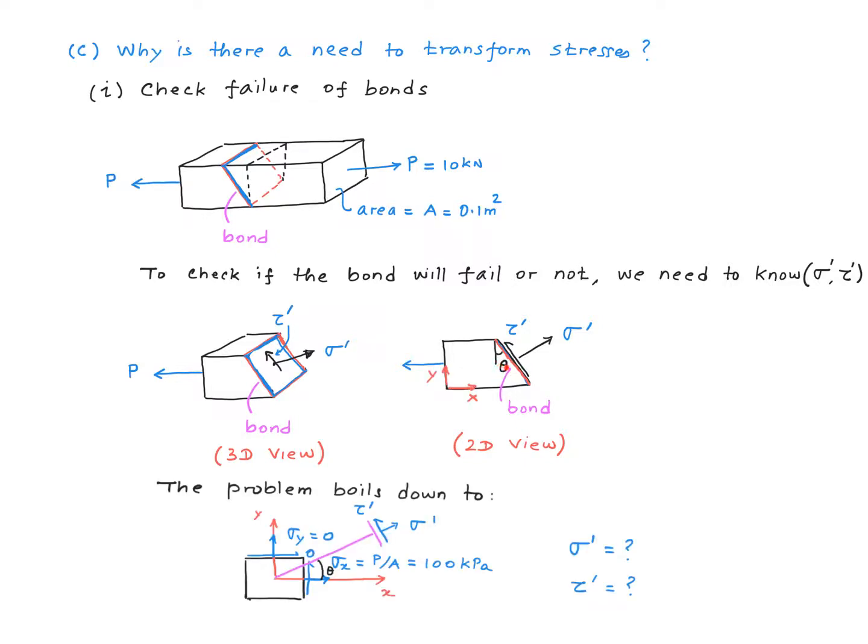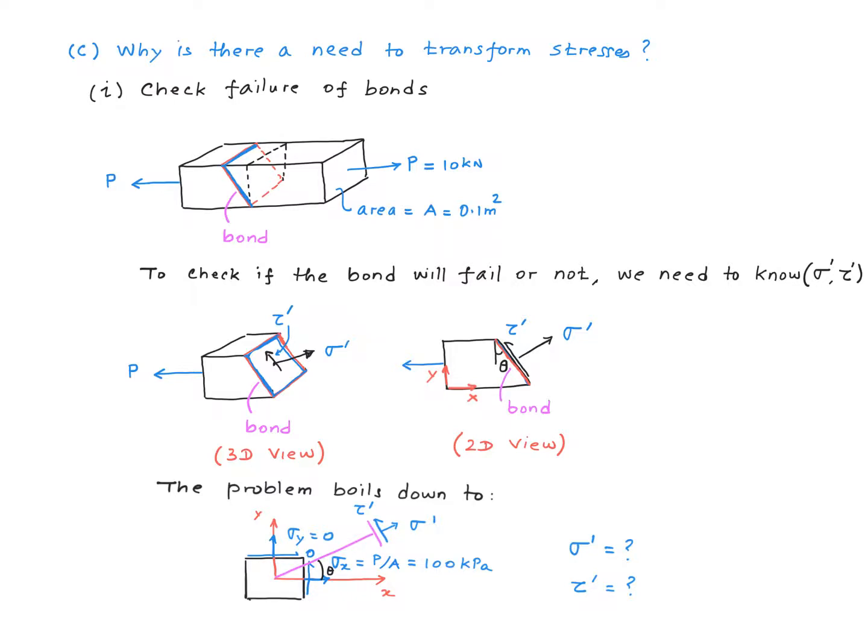Defining this angle as theta and placing a two-dimensional Cartesian coordinate system like this, the problem that we have boils down to this. Here I am showing the state of stresses on this two-dimensional differential element defined with respect to the xy coordinate system. And we have the tensile stress of 100 kilopascal acting in the x direction. There is no stress in the y direction, and there is no shear stress.